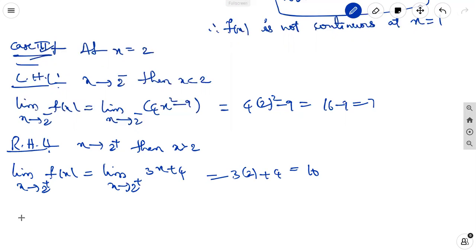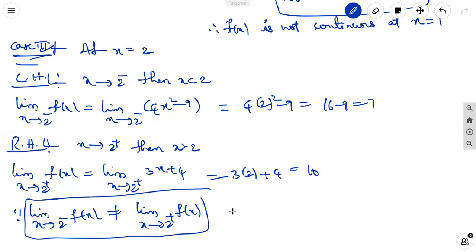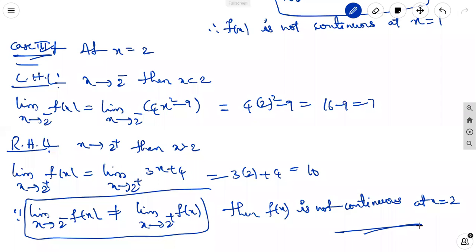So, since limit x tends to 2 minus f of x is not equal to limit x tends to 2 plus f of x, then f of x is not continuous at x equal to 2. These are the cases for the given problem.